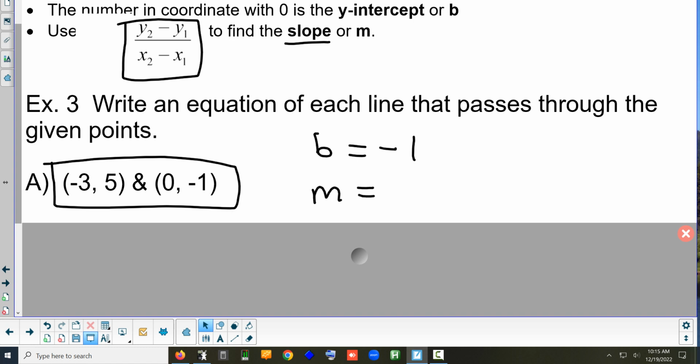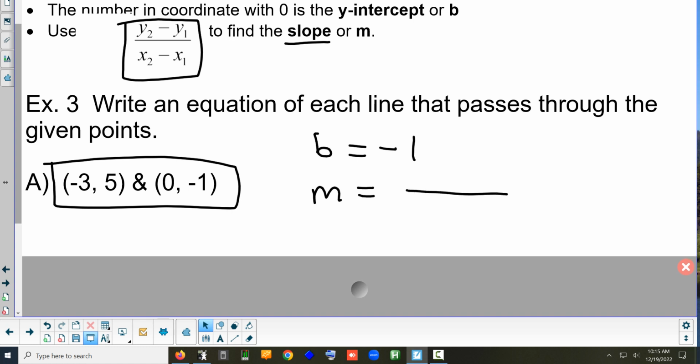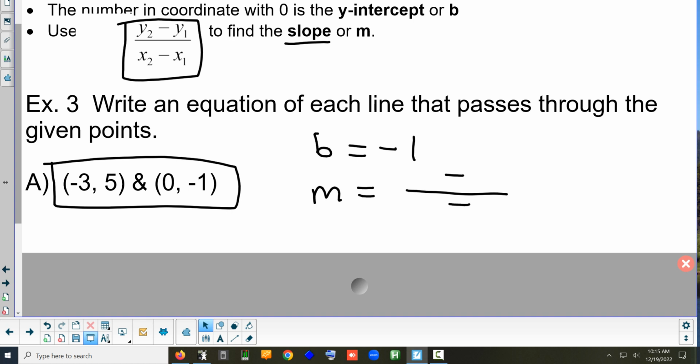All right, and now my slope. To find your slope, what I would do is start out like this. Put a fraction with 2 minus signs, and then put 4 boxes. Just like that.